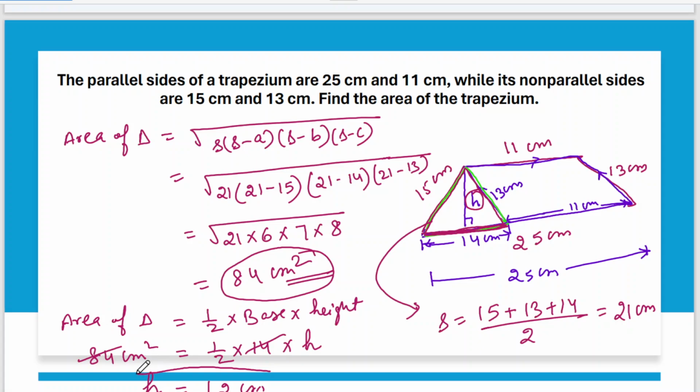So now we have calculated the value of h, that is equal to 12 centimeter. Now we have got the height, so we can calculate the area of trapezium.